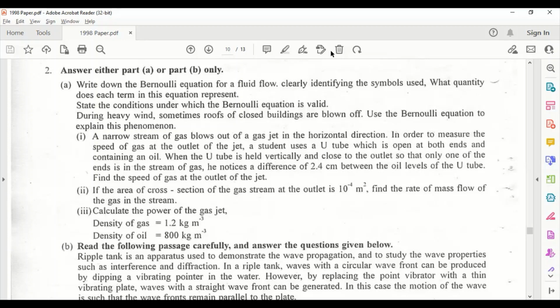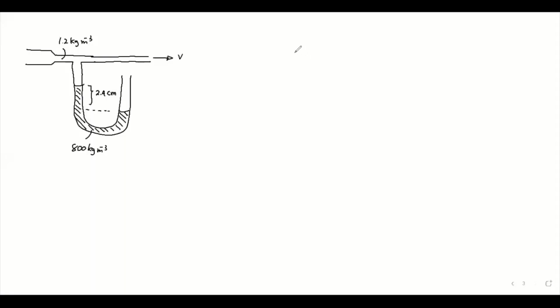Right, so for this also we need to draw a proper diagram to explain how it works. And this is how you can draw the diagram. So one end of the U-tube is connected to the airflow here. So at that position, when the velocity is high, the pressure is low, so that level of oil has to be higher.